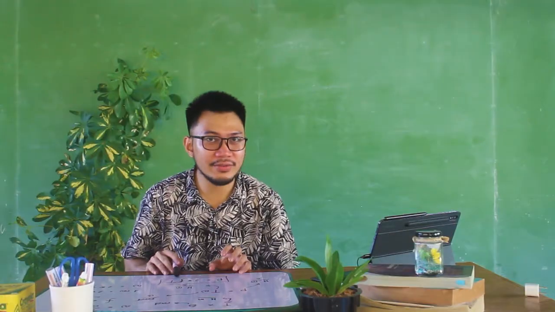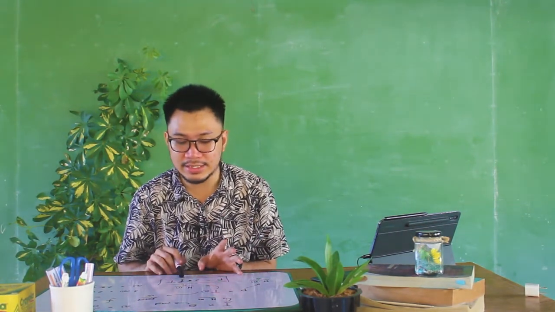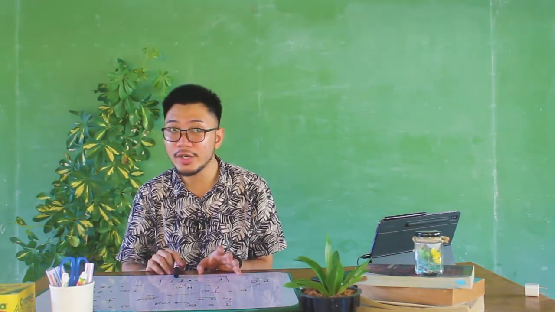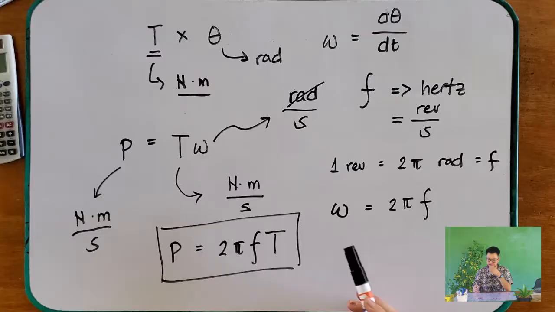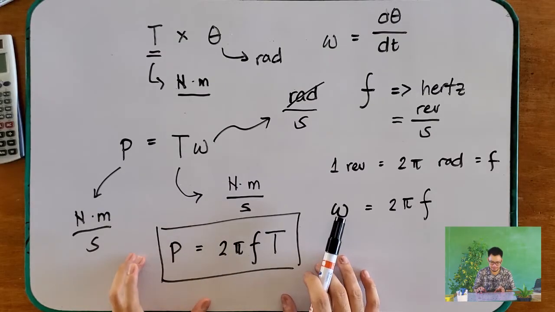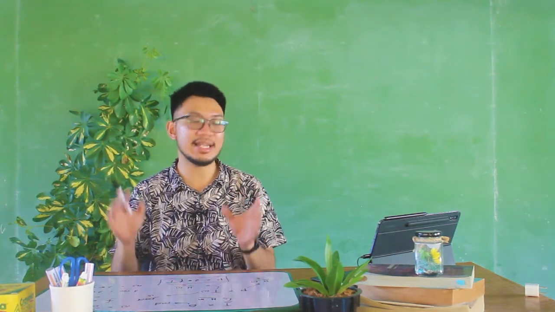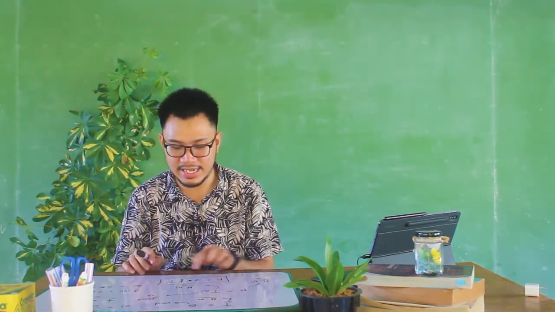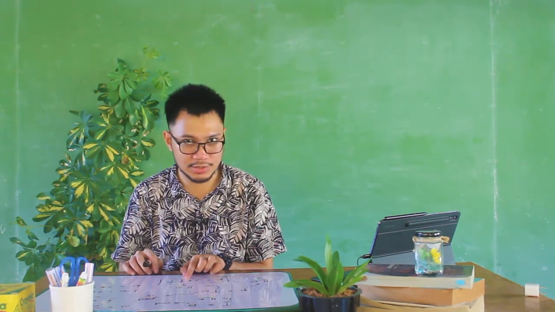Okay? So I think you're very familiar with this equation because perhaps this one is already shown in your power, or I don't know. But mao ni atong general equation. And usually ihatag na sa atong engines ang power and then ang number of revolutions, number of cycles per second.